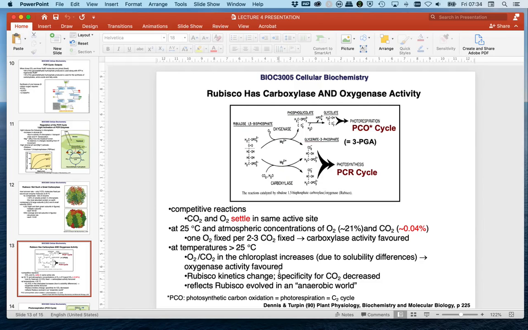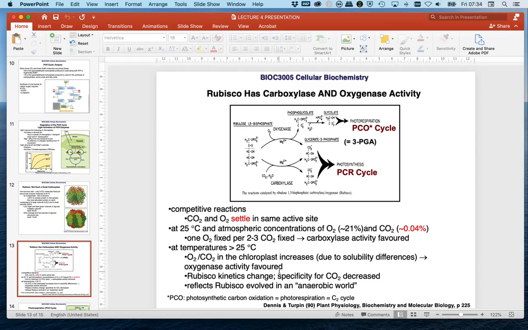And these characteristics of Rubisco basically point to the enzyme having evolved in an anaerobic world where there was no worry about oxygen being around. There was plenty of CO2, the carboxylase activity was working, but as photosynthetic organisms started evolving, multiplying, diversifying across the earth, as they fixed the CO2, of course they were releasing oxygen.